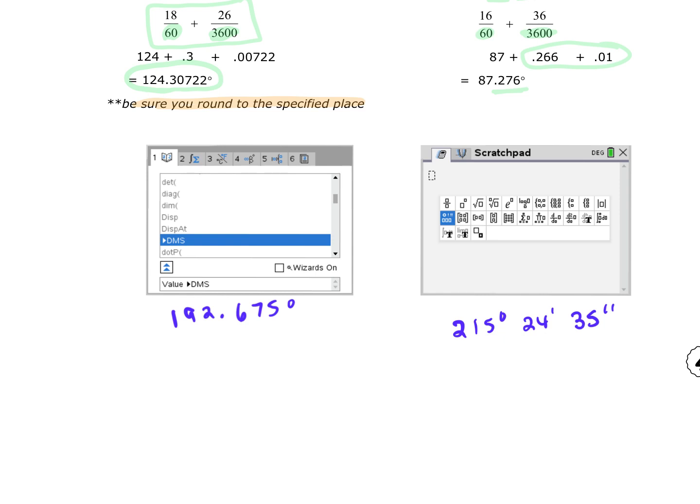And then you have to arrow down to that DMS, or if you hit the D down at the bottom, that'll get you to the Ds in that list. Then you can arrow down and hit that DMS. Once you're highlighted at that DMS, if you hit enter again, it'll give you your answer. So you should have 192 degrees, 40 minutes, 30 seconds.